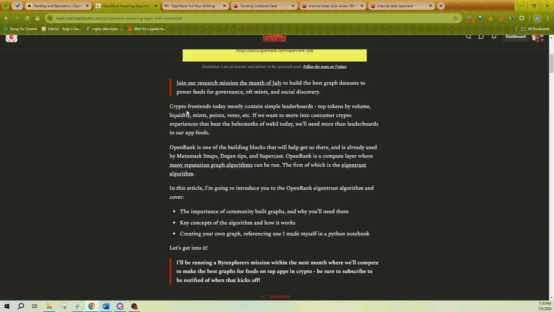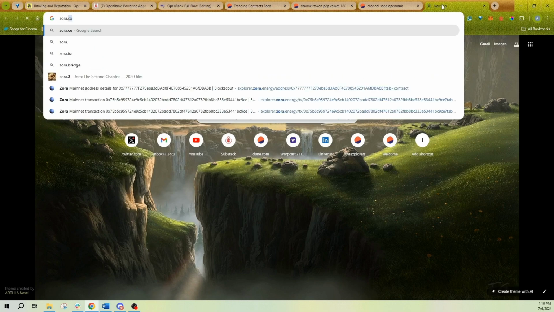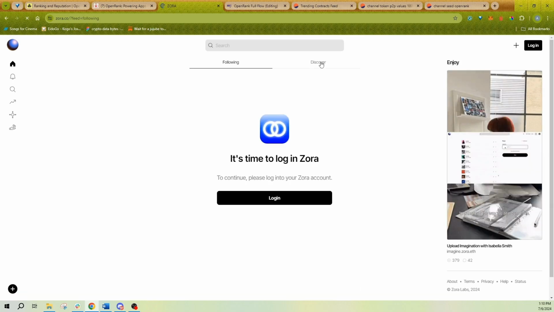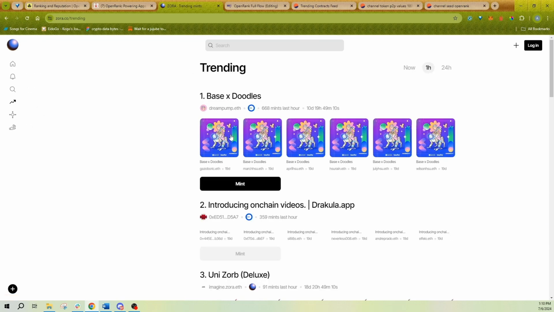In crypto, on most applications, you get just a naive leaderboard. If you go to pump.fun, or to Zora.co, NFT mints, they've actually upgraded to a follow feed. But for the longest time, this is how our feeds in crypto looked.